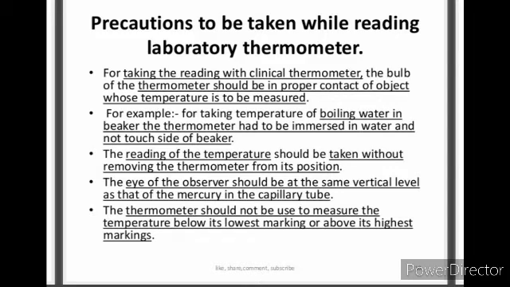So these are the 3-4 precautions we should take while using a laboratory thermometer. Especially the eye of the observer should be at the same vertical level, not above it and not below it.